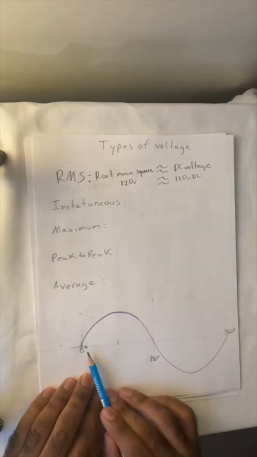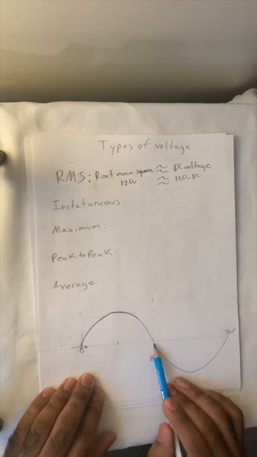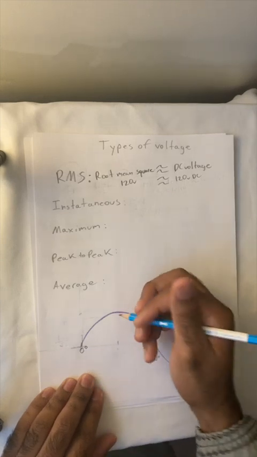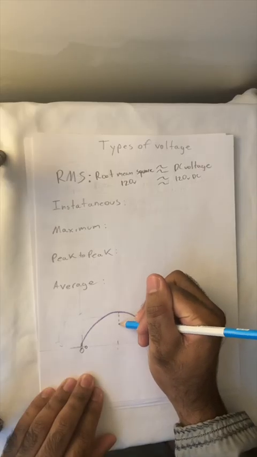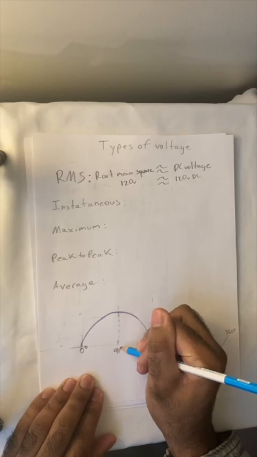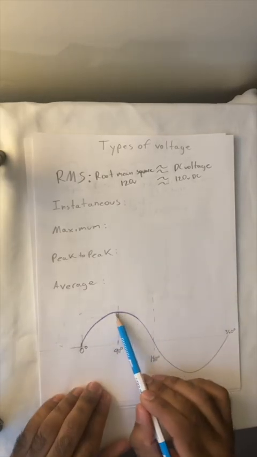You could find the instantaneous value at 180, which is going to be 0 volts. You can find it at 0, which is going to be 0. You could find it at 90 degrees, which will be the maximum value.